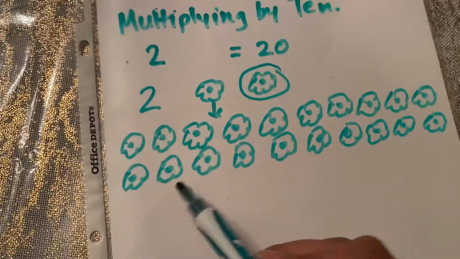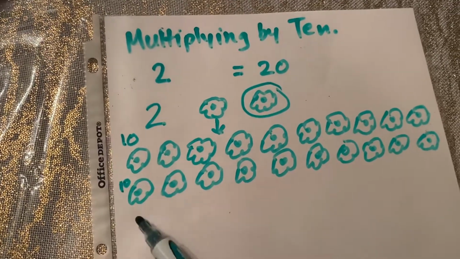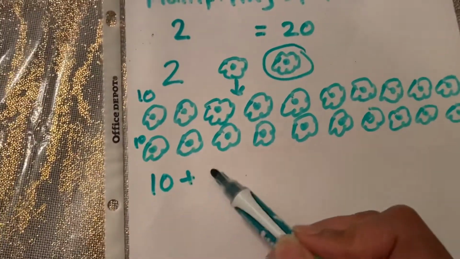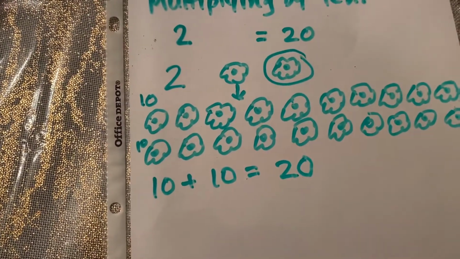Now if I add them up, I have 10, 10. 10 plus 10 is equal to 20.